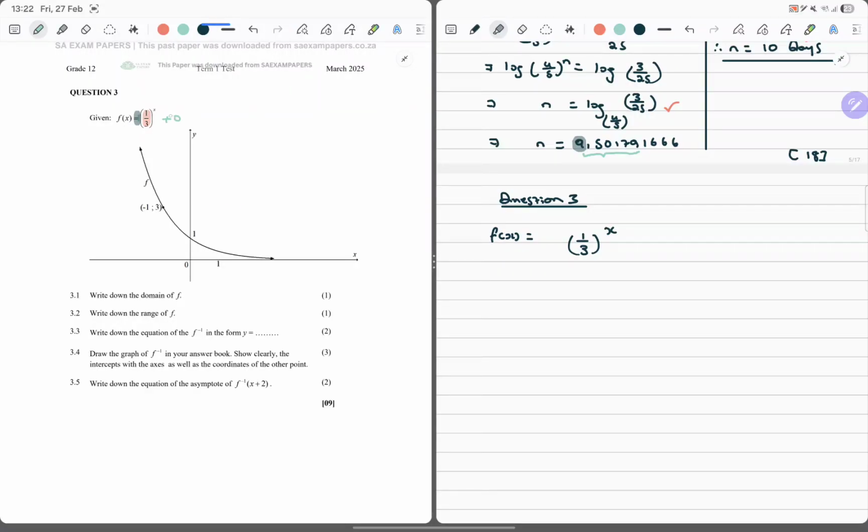There would be a plus 0 here. This would be our horizontal asymptote, the line y is equal to 0, which is the x-axis. So essentially this function is going to appear above the horizontal asymptote, and if the base is less than 1, greater than 0, it is a decreasing function. So we see exactly that.